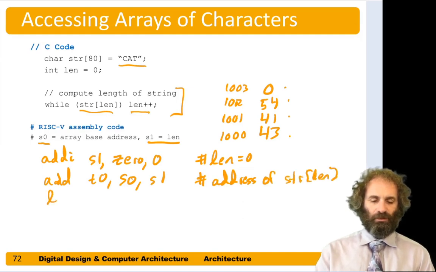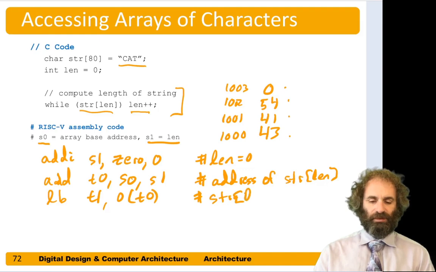Now we need to use the load byte command, say to load into T1, 0 parentheses T0. That will load the value of str[len]. Now if it is not 0, we want to do the body. So if it is 0, we want to exit. So BEQ T1 0: if the value is 0, then we go to done.